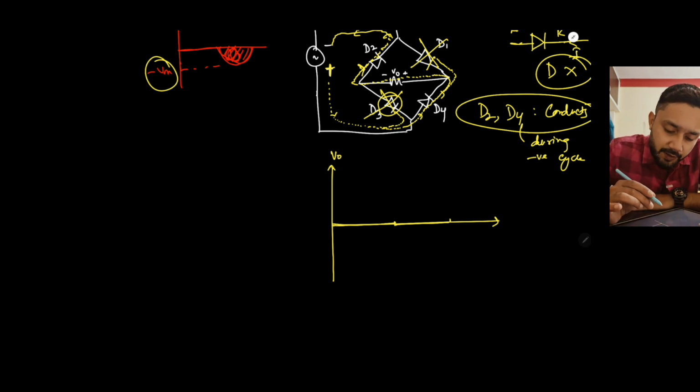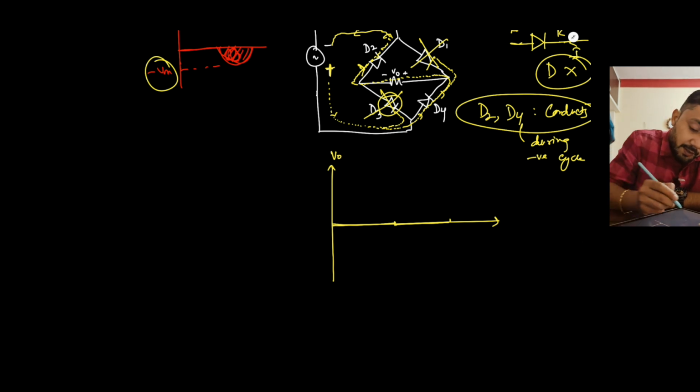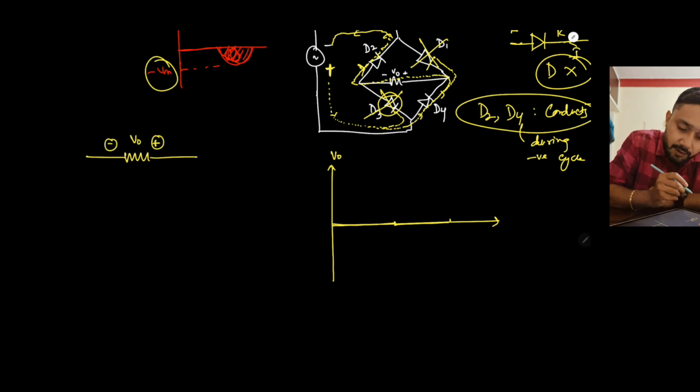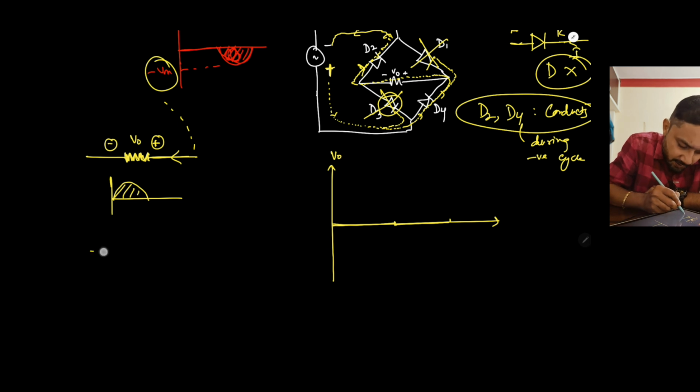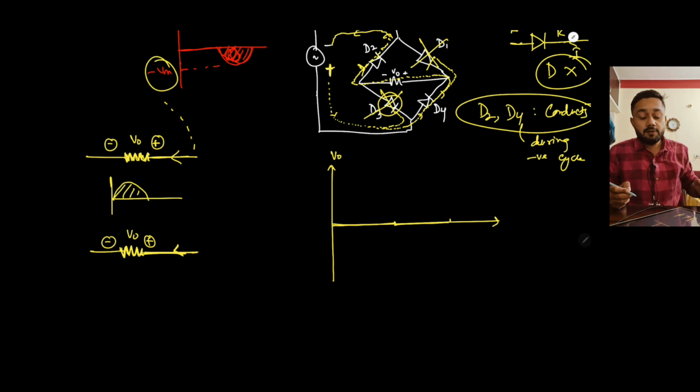See, during positive cycle, how we have considered, this is the polarity we have assumed. During the positive cycle, current was entering the resistor. If so, the voltage was like this. Okay, during the negative cycle also, the current is entering in the same way as during the positive cycle.